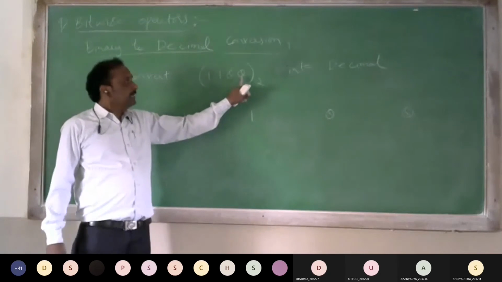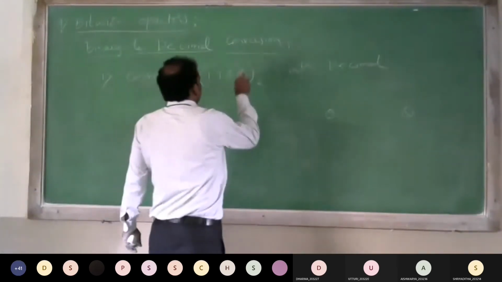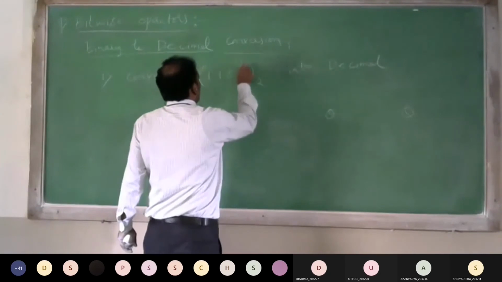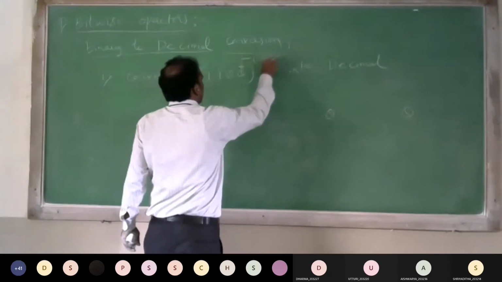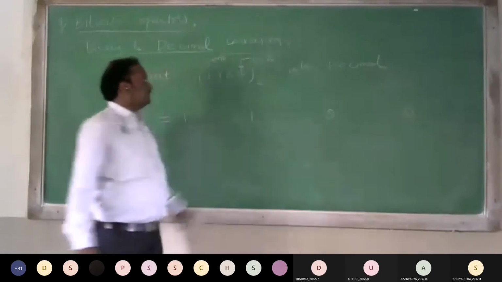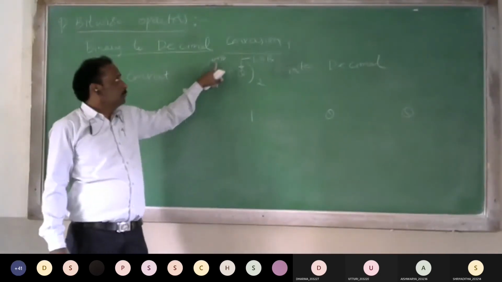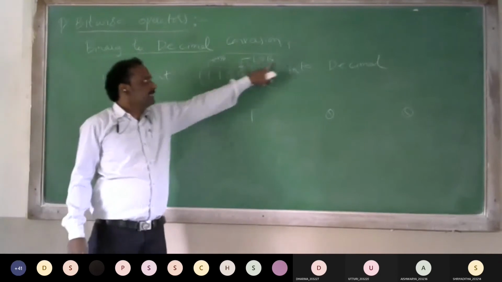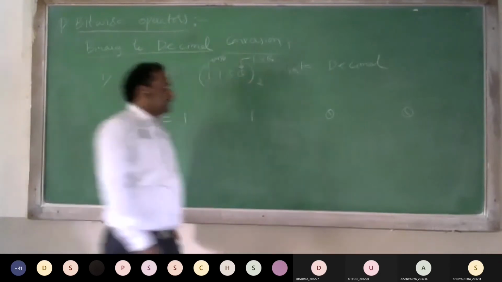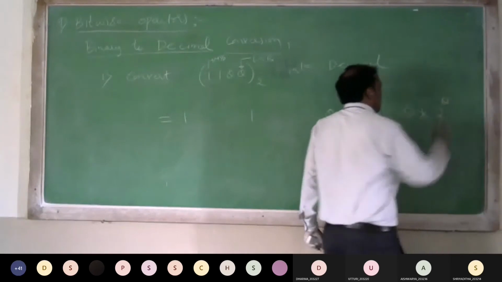This is called the least significant bit, LSB. This is called MSB, the most significant bit. Now multiply the least significant bit by 2 power 0.